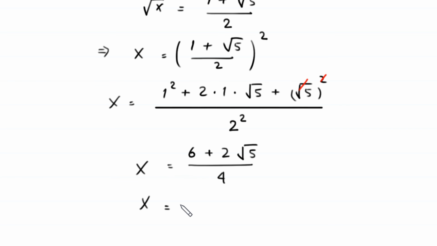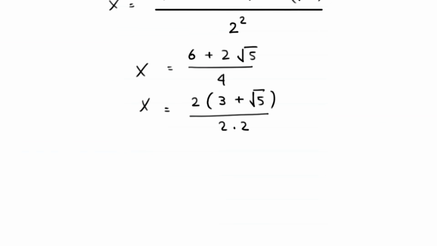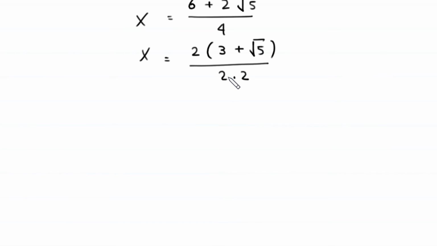From the numerator we can factor out 2, in bracket 3 plus root 5, and the 4 in the denominator can be written as 2 times 2. Now this 2 will cancel with this 2 and we are left with x is equal to 3 plus root 5 divided by 2.